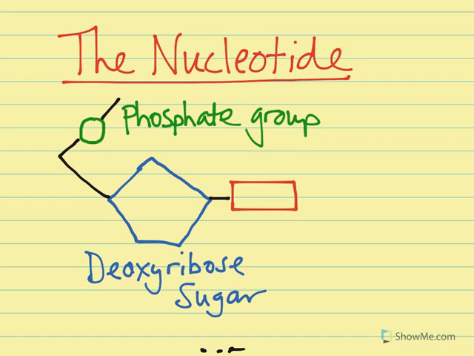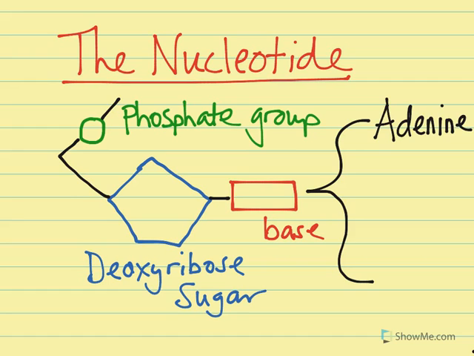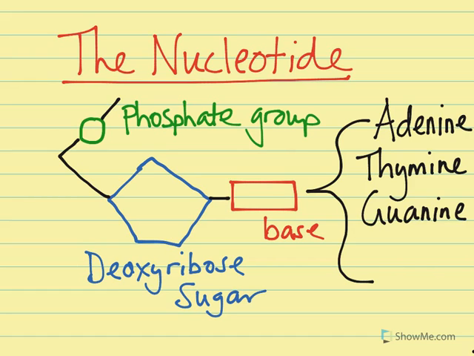And the red part of the molecule here is a base. You can call it a nitrogenous base, it can be called an organic base, but just the word base will do. Those bases can be either adenine, thymine, guanine, or cytosine. And we'll have another look at those bases a bit later on.